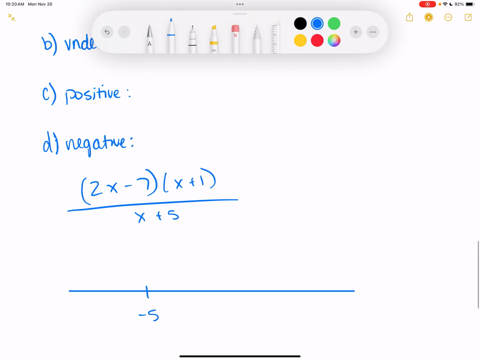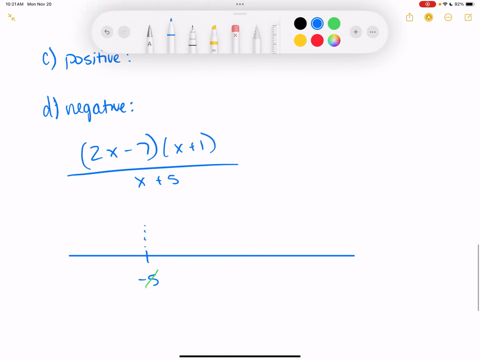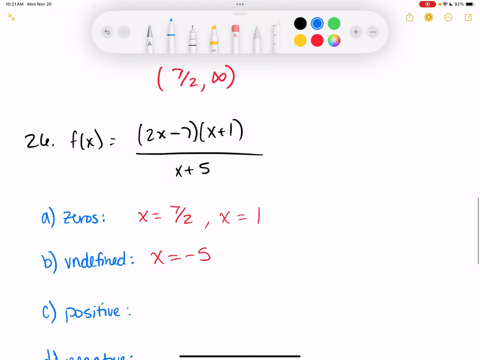So at -5, I usually put a little line through it so that I remember that that's an undefined value. Not as relevant for these ones because they're equalities, but when I get to the inequalities, that way I know if I need to include it or not. And then I had 1 and 7 halves. I have it written as 1 up here. That's why.